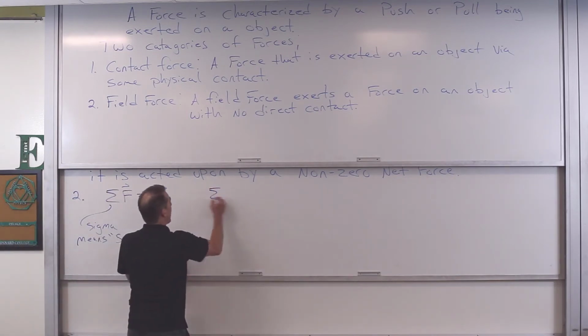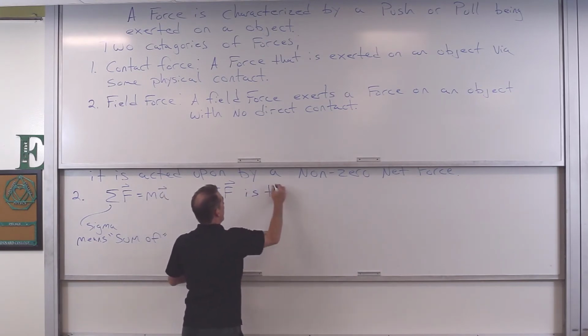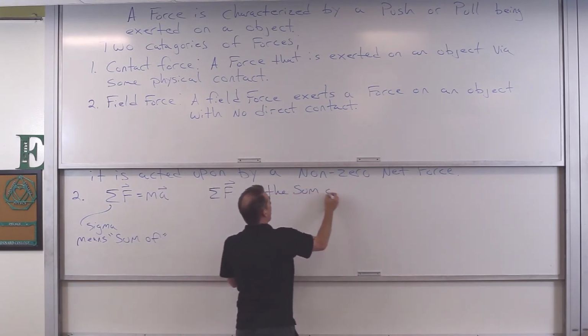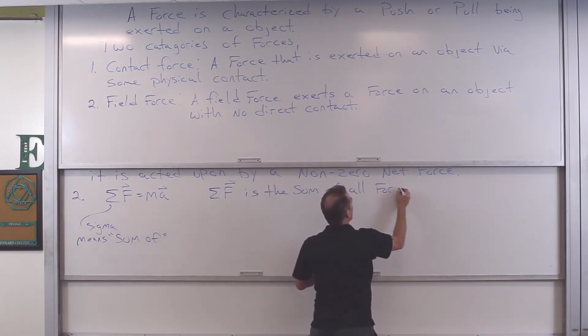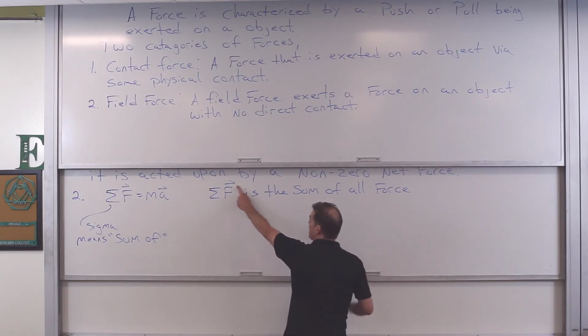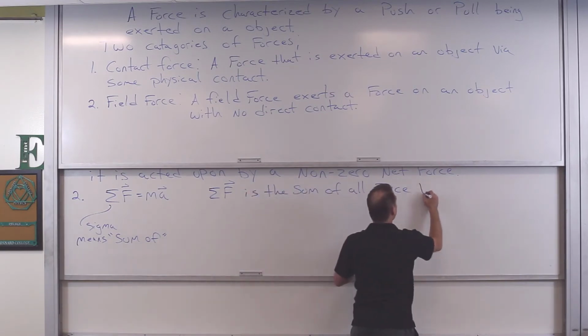So put that: sigma F hat is the sum of all force vectors acting. Notice we've got a little hat here, vector.